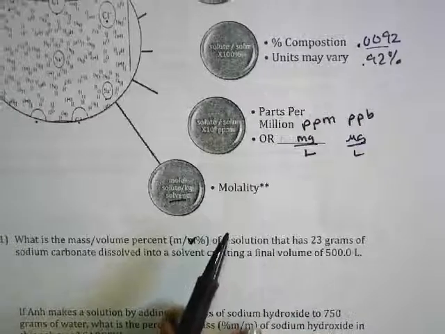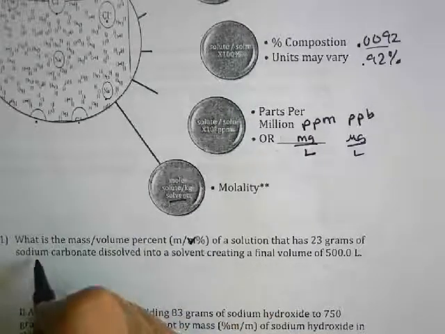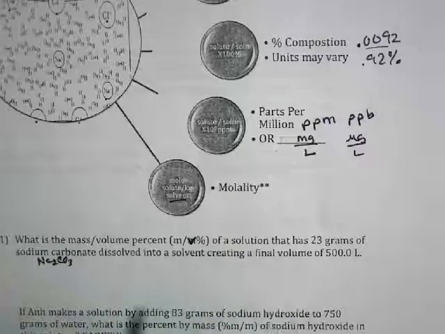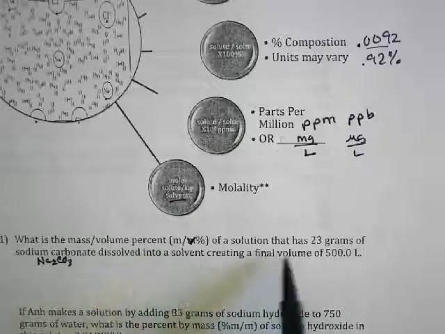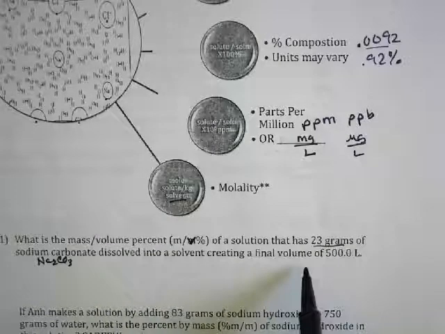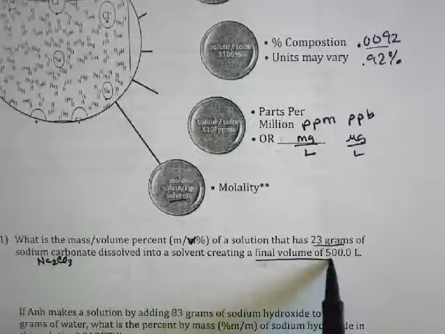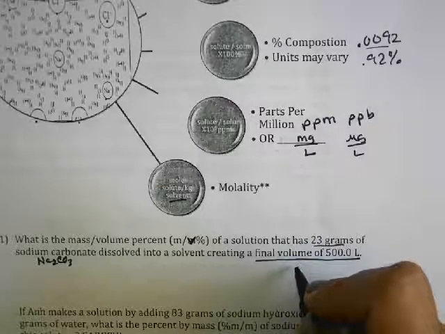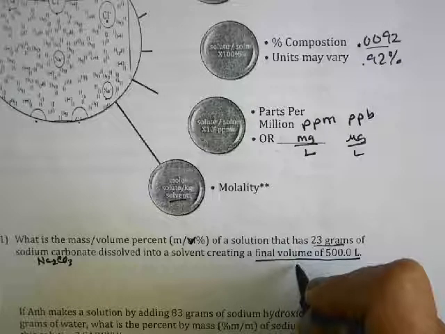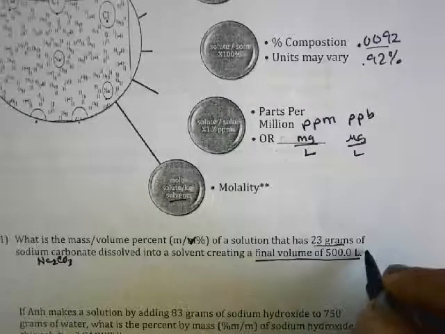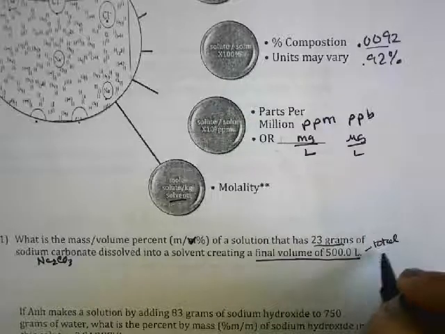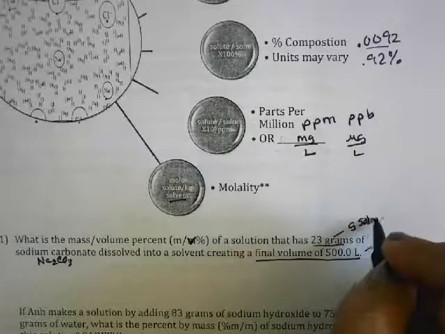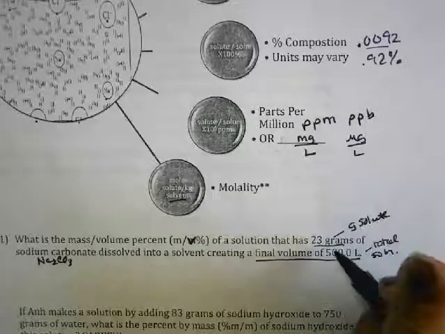Now, lots of times the fact that it's sodium carbonate would be important, but here it is not, because I'm asking you to leave it in grams, and I'm giving you grams, and I'm giving you a final volume of. Final volume of is another way to say the total solution. So here I'm giving you grams of solute per total solution.